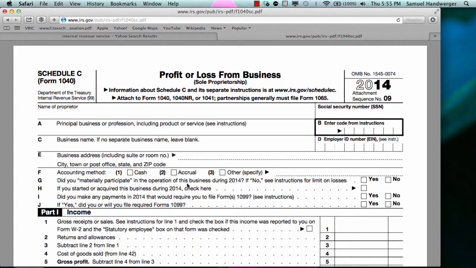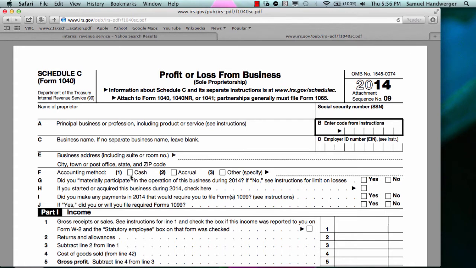And that's why you see this line F. If this were the first year and you needed to make the election as to whether to report on a cash basis or accrual basis, you're first going to have to look to the statute to see what you're allowed to do. And if you are allowed to check cash and you decide to, then you'll check cash.